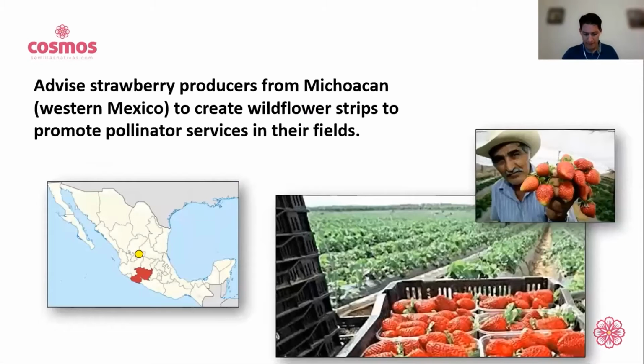For example, this year, so far I haven't sold seeds yet, but I got the opportunity to advise a strawberry producer from Michoacan, which is located in Western Mexico, and is one of the main strawberry producers in Mexico. And we're going to create wildflower strips to promote pollinator services in their fields.